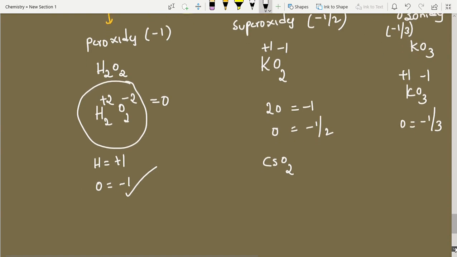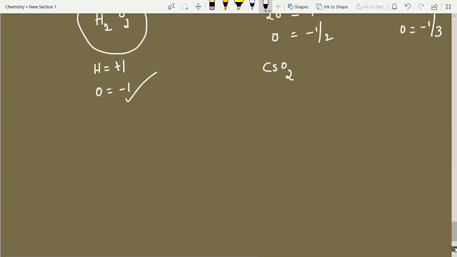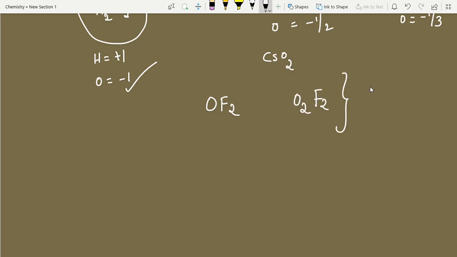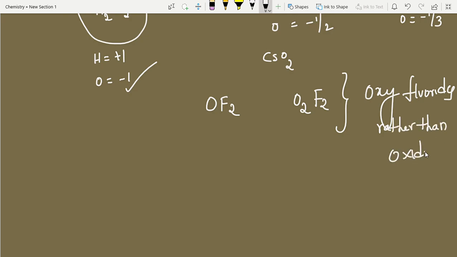Actually, it belongs to both groups; 17th group elements will also get this question, and 16th group elements too. OF2, O2F2. We call them oxyfluorides rather than oxides, due to the high electronegativity of fluorine.